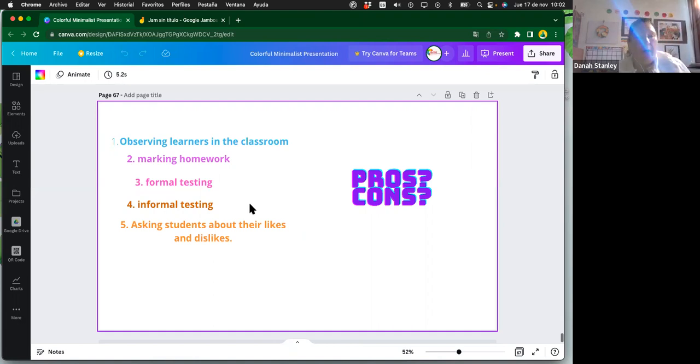Do you take into account the homework for evaluation? Would it be formal or informal evaluation? Should it be taken into account? Or is it just a time filler? Para que no digan que no dejo tarea.